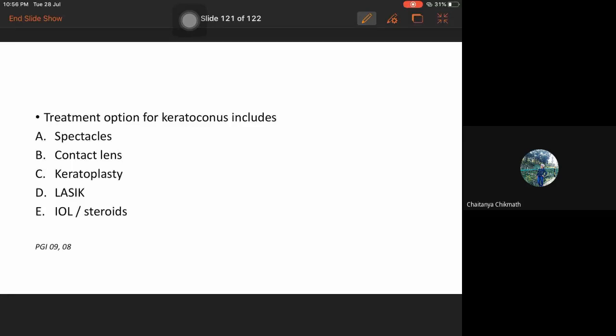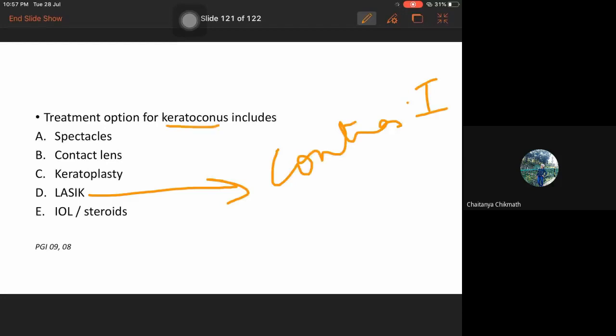And keratoplasty, penetrating keratoplasty. But you have to remember, LASIK is a contraindication in the case of keratoconus. That you have to keep in mind. One of the contraindications for LASIK is the presence of keratoconus. And there is no role of IOL. IOL is nothing but an intraocular lens. And steroids: steroids don't have any role here.